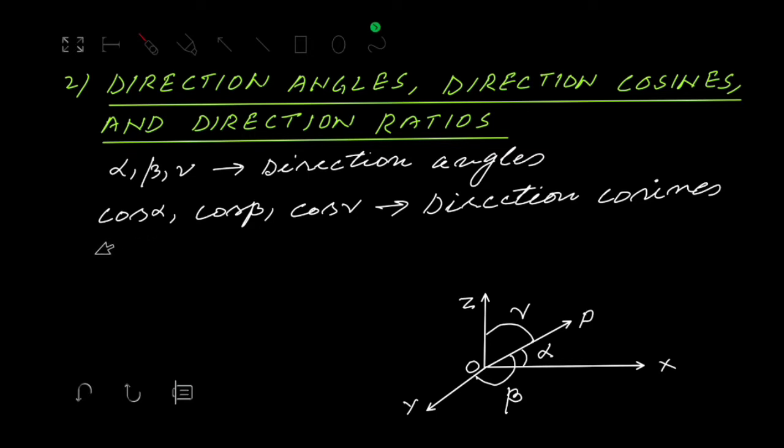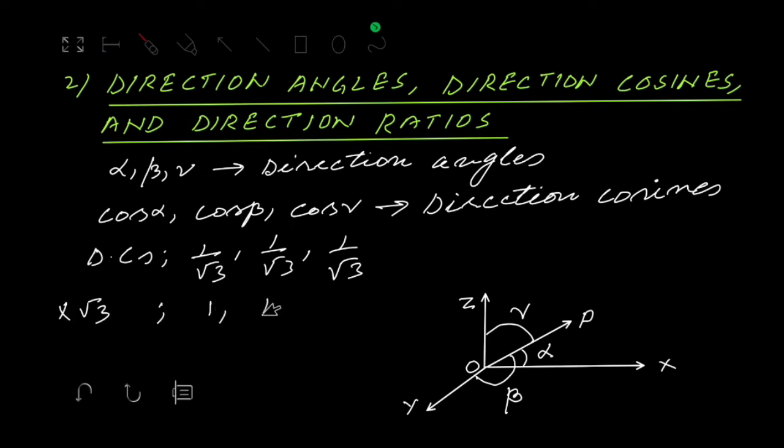So, for example, direction cosines, which are written in short D.C.s, are 1 upon under root 3, 1 upon under root 3, and 1 upon under root 3. So if we multiply all these three direction cosines by under root 3, we get 1, 1, 1.